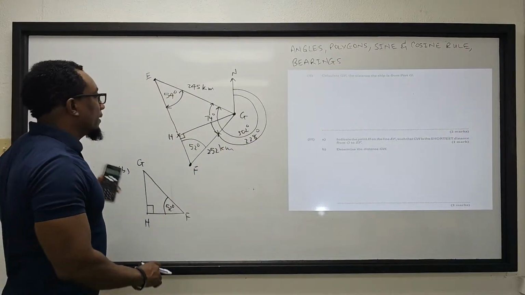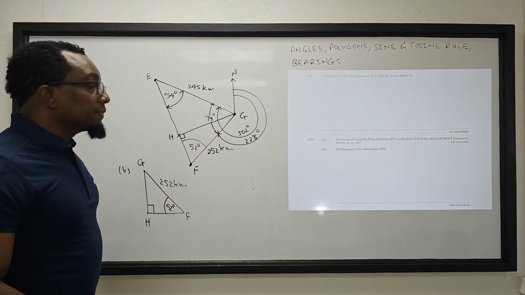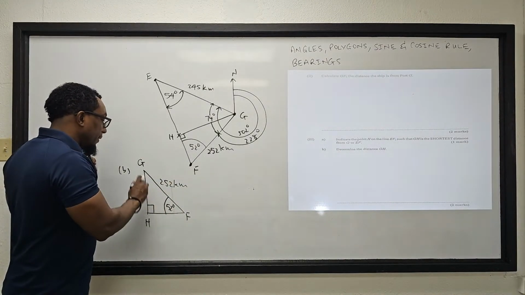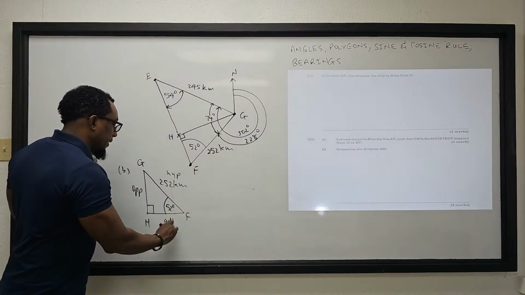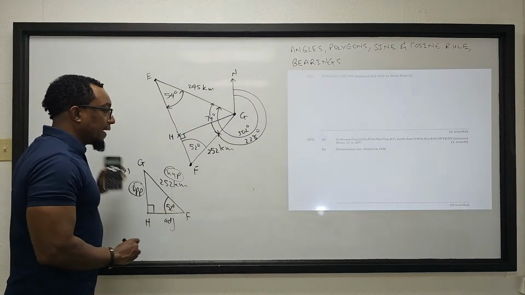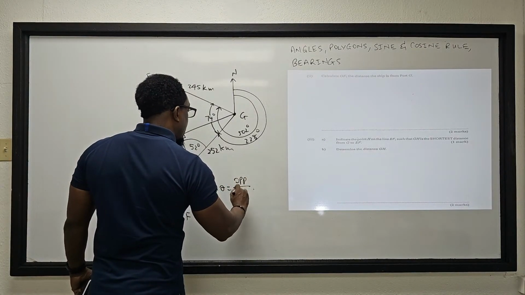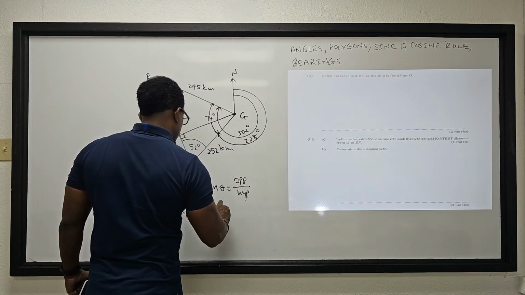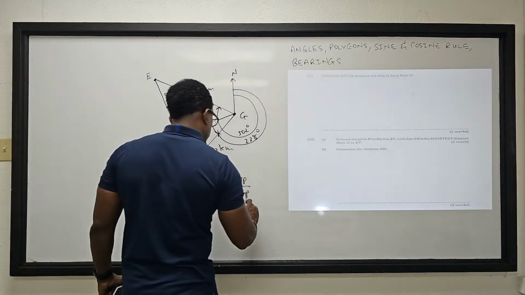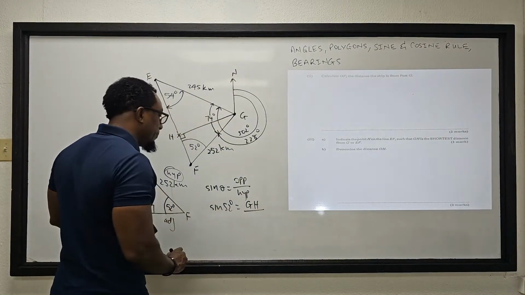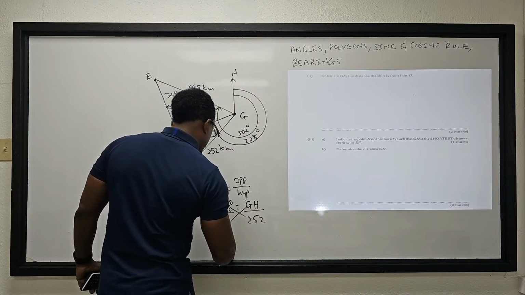So take another right angle triangle, the hypotenuse is 252 kilometers. So let's find GH. Using trigs, I want to find opposite given hypotenuse, so I'm using sine theta is equal to opposite all over hypotenuse. Sine 52 degrees is the side opposite, which is GH, over the hypotenuse 252. We cross multiply.